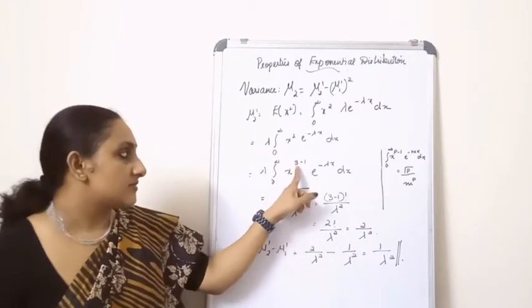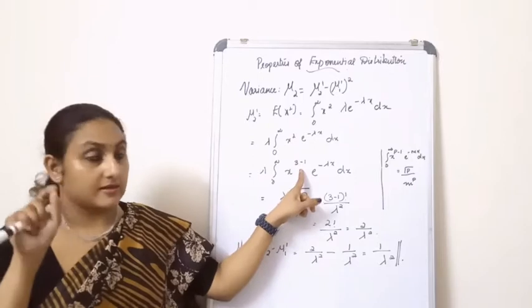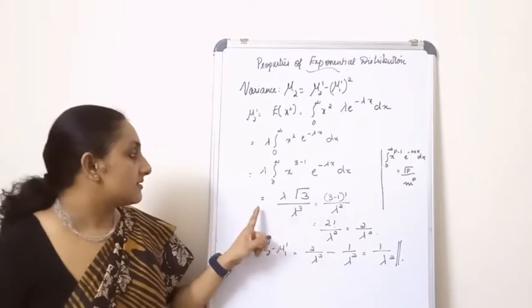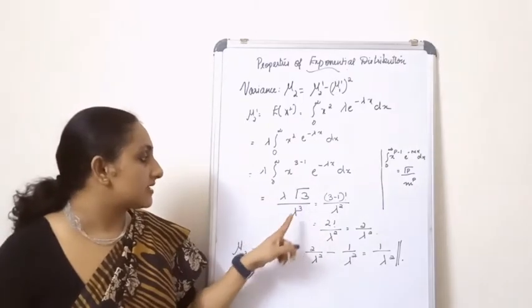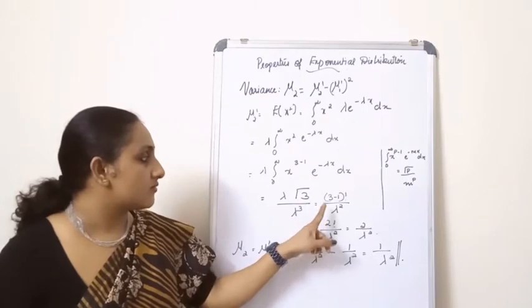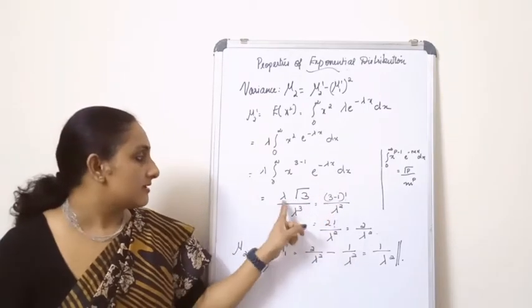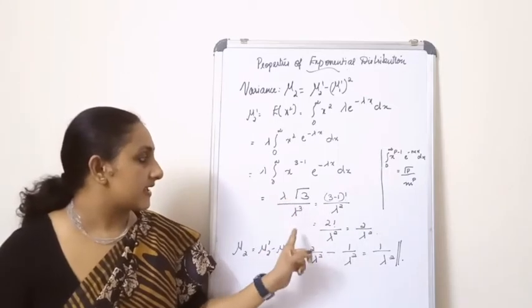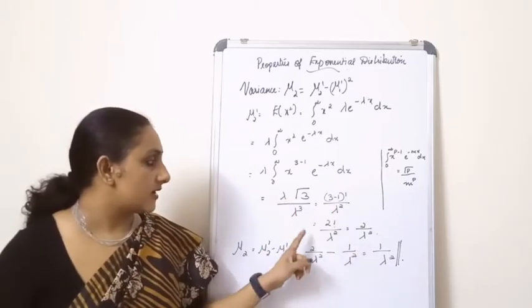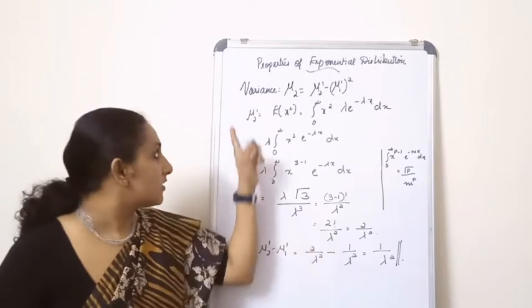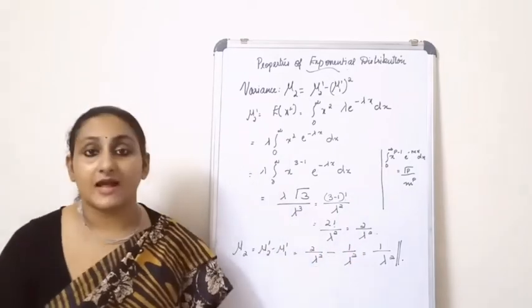So from this you get your p. Your p is 3. Now this is equal to lambda into gamma 3 divided by lambda cube. What is gamma 3? 3 minus 1 factorial, divided by, now the lambda and lambda get cancelled over here, lambda square. Finally, you will get your mu2 dash as 2 divided by lambda square.